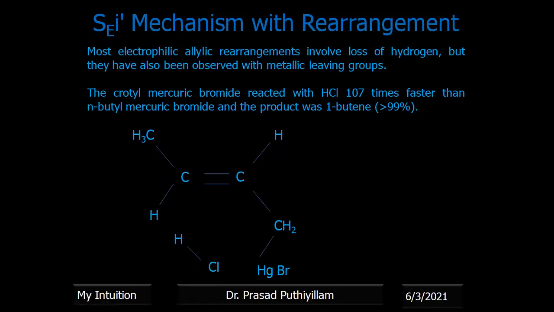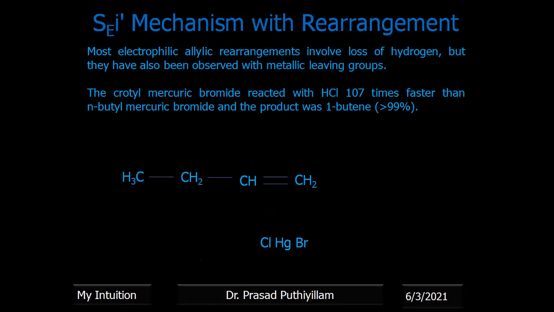I can say that the movement of electrons is represented like this. The electron density moves towards hydrogen through the third carbon atom. Then the chlorine goes and attacks the mercury. The carbon-mercury bond breaks and forms a double bond here. Therefore, we get the product.